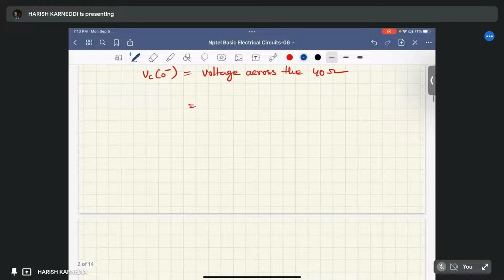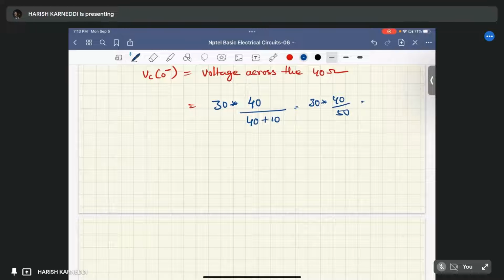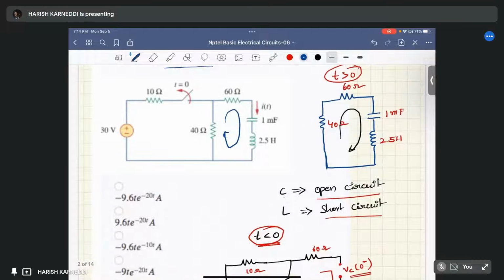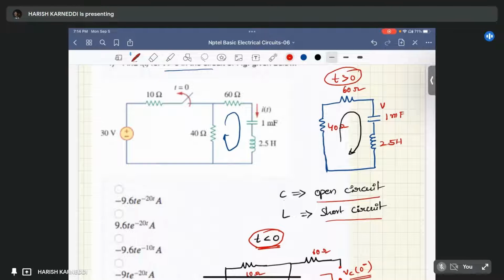I can write it like this: the total voltage is 30 volts times that resistance, that is 40 ohms, divided by the total resistance, that is 40 plus 10, which is 30 times 40 by 50, which is 24 volts. Means here our capacitor voltage VC of 0 minus is 24 volts. The capacitor is charged to 24 volts.